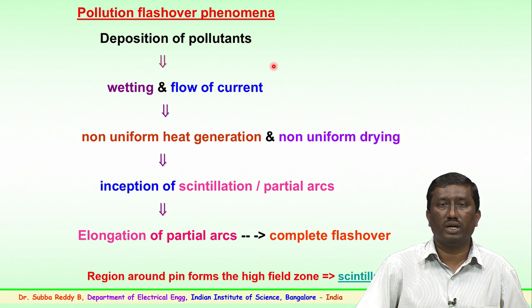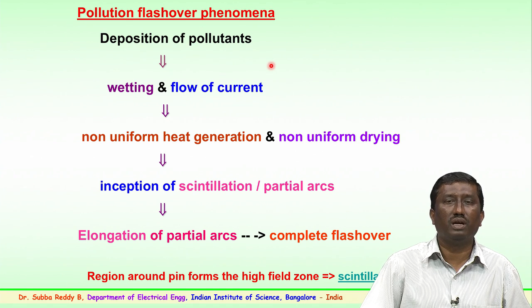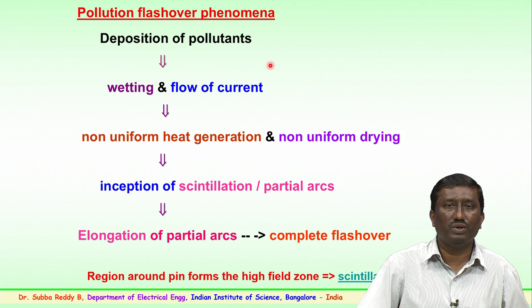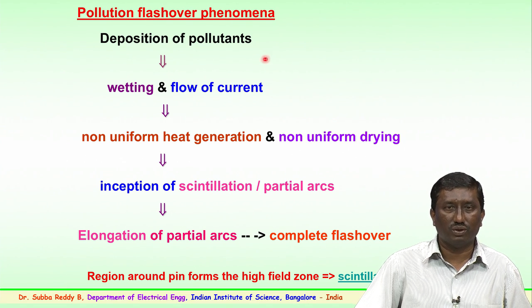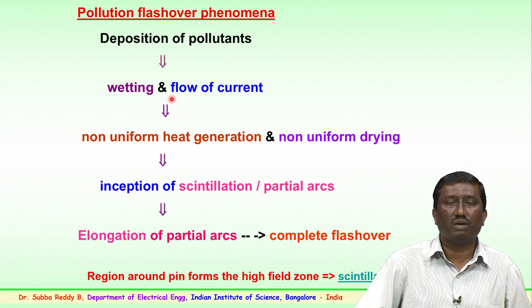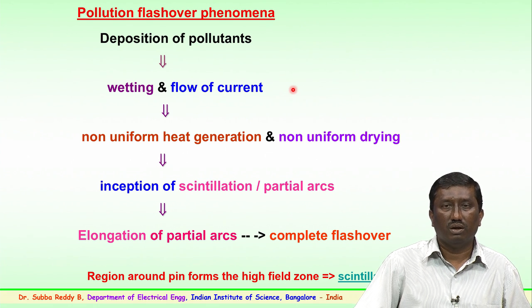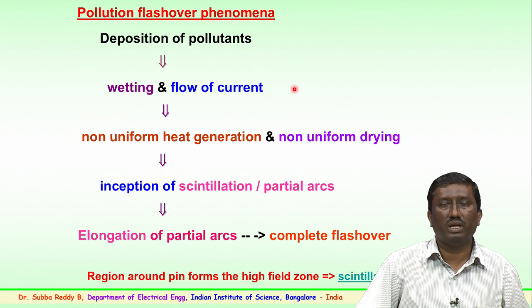So, rain is a complicating factor, but fog, dew, light rain, mist is a very unwanted or dangerous event which could trigger the pollution flashover on the surface, because this wets the surface, the surface becomes conductive, and the flow of leakage current starts on the insulator from the conductor towards the ground end. In case of a number of insulators, the surface condition dictates the flow of current.